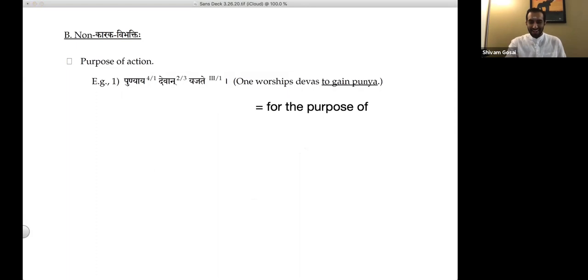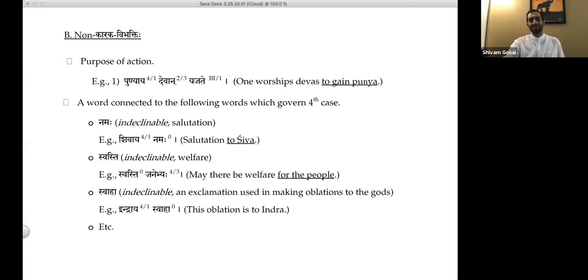But sampradanakaraka, then we saw the object of moving or going, the purpose of action, and here are some other ones. Now this is just like what we saw, pratik, antarena, etc. If you have a word connected to these, then you get the fourth case. The first one should be easy, namaha.